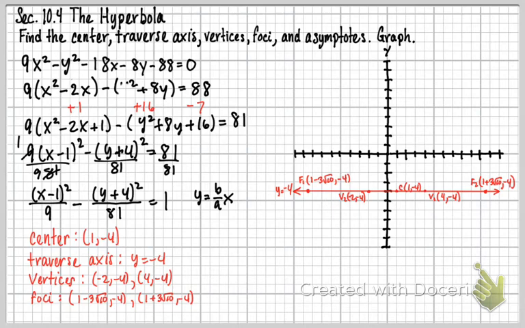So we're going to see the same sort of relationship here. So instead of this y, we really have y plus 4. And that's going to equal that b over a. So my b is going to actually be 9 because it's, remember, 9 squared there. And then this 9 is actually going to be a 3.